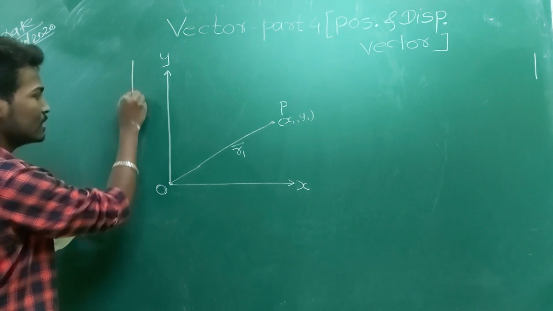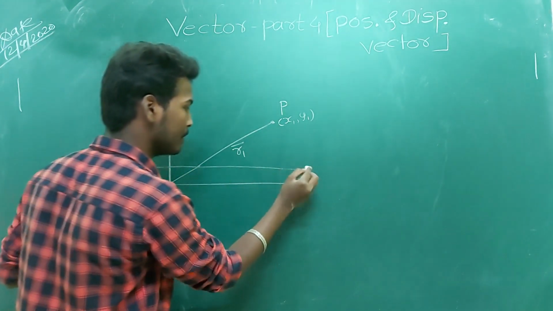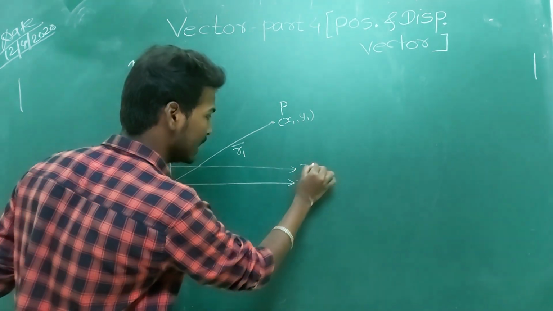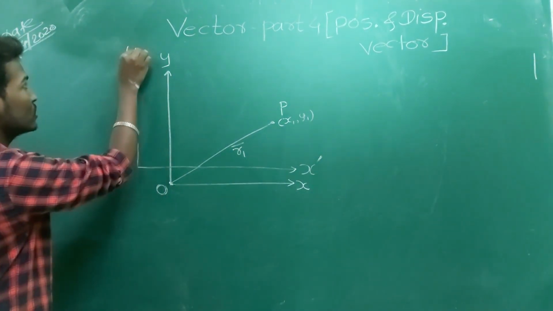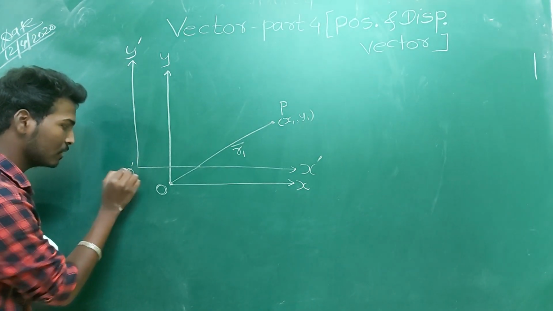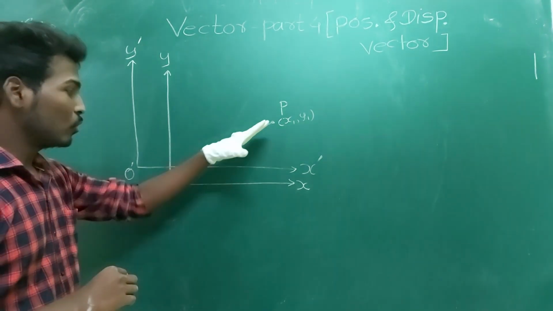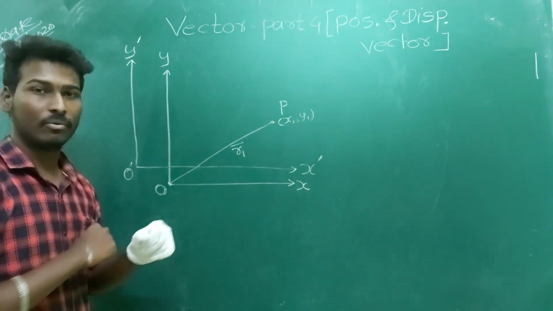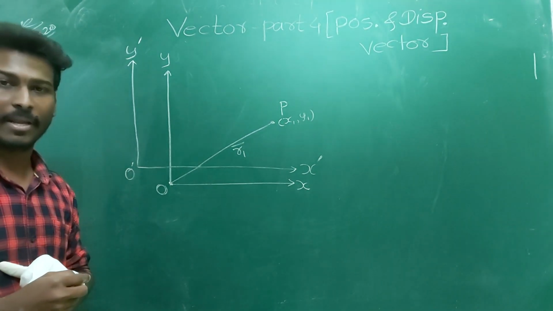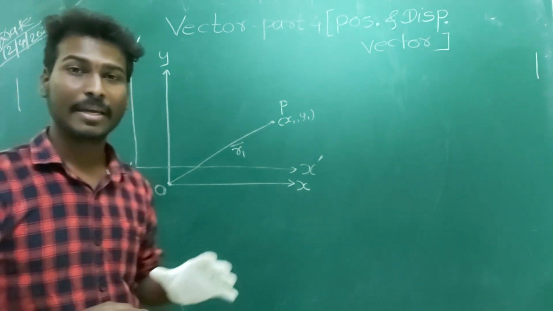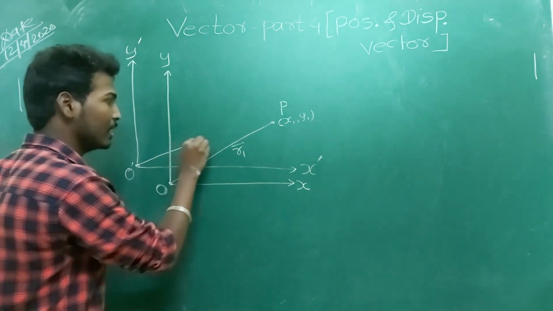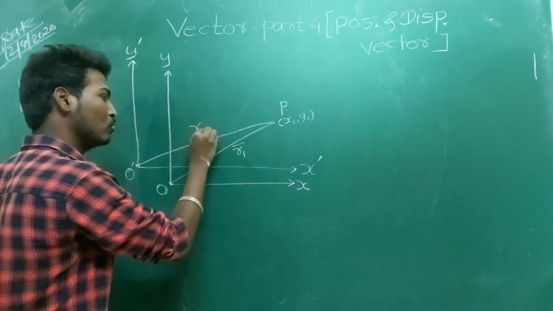If we change it like this, now this is our new Cartesian plane x dash y dash, and here is the new origin O dash. So just tell me, will the position vector which was r1 bar change or not with respect to the new Cartesian plane? Okay, so it will change because the new position vector will be r2 bar.